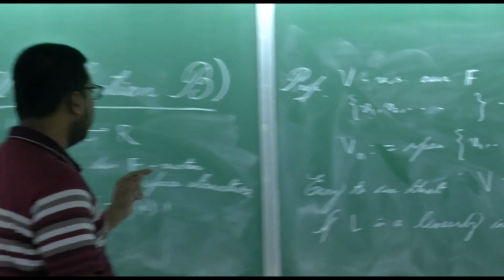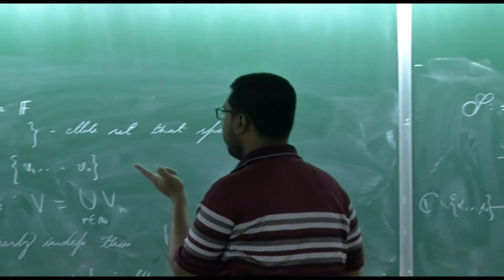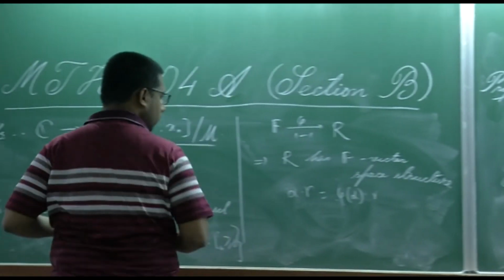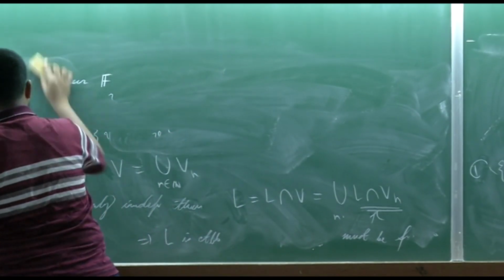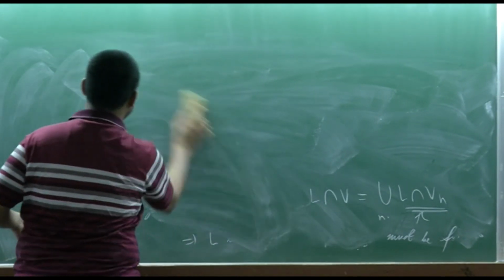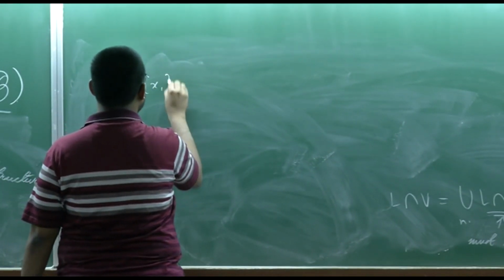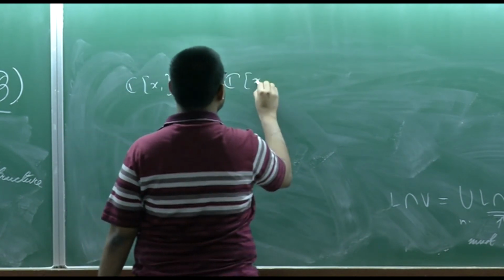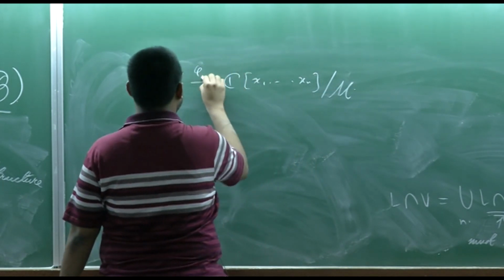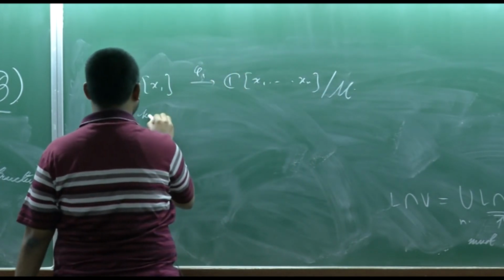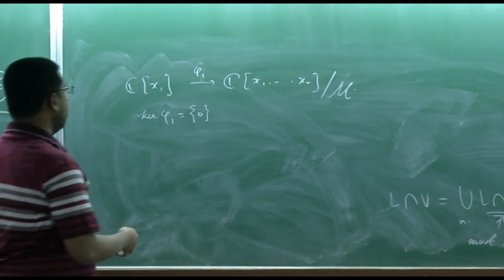There are a few little gaps in the argument, for which I should give some clarifications, just to make sure of what we observed earlier. Let us take phi_1. If the kernel of phi_1 is 0, the argument we are giving essentially goes for every phi_i.